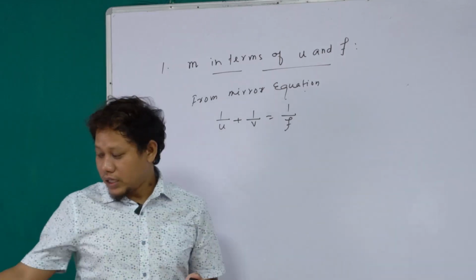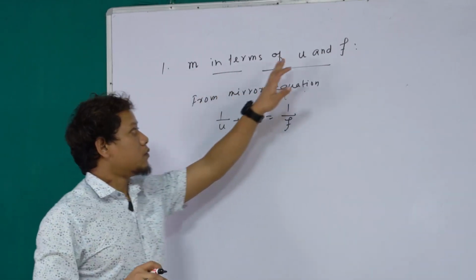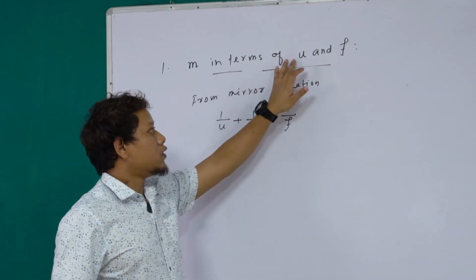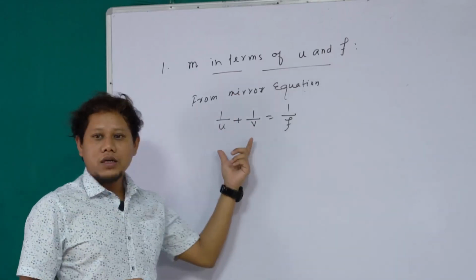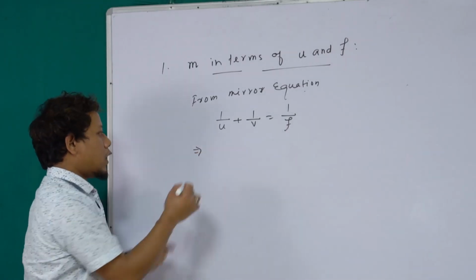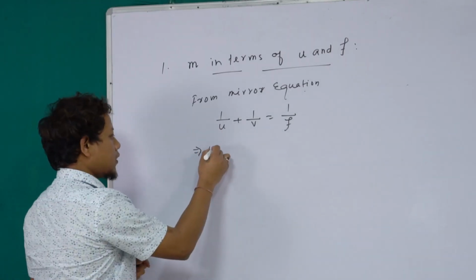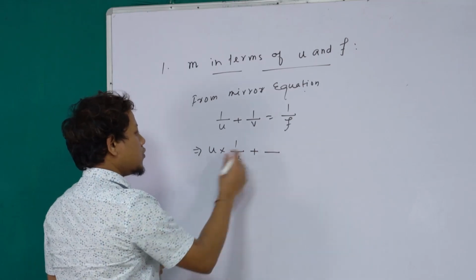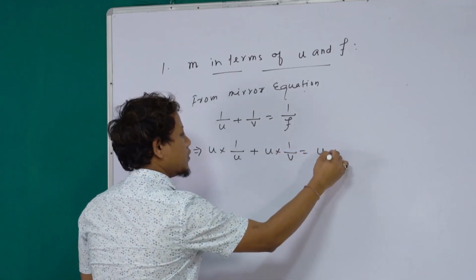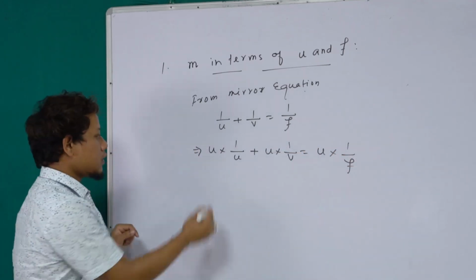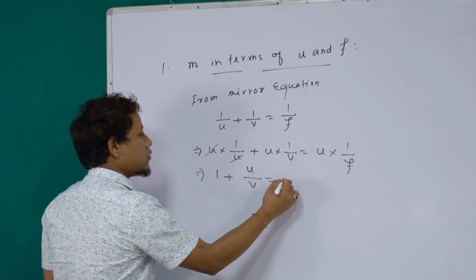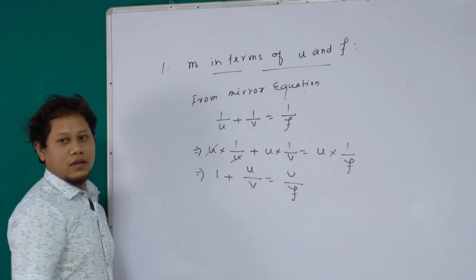To express the magnification in terms of u and f, you have to remember one technique. Once you have to express this in terms of u and v, you just multiply the mirror equation on both sides by u. So u into 1/u, u into 1/v, and u into 1/f. As you can see, like terms cancel out. So this is 1 + u/v = u/f.